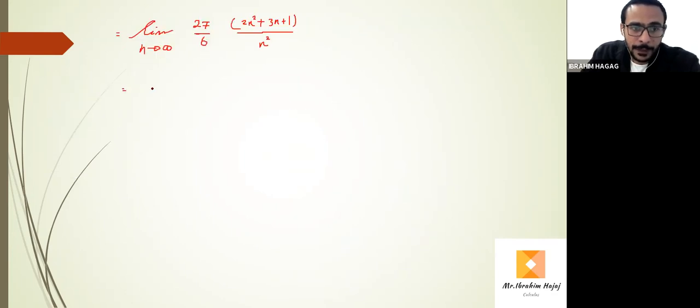The limit as n approaches infinity of 27 over 6, and divide now. 2n squared divided by n squared is 2, and 3n divided by n squared equals 3 over n, plus 1 over n squared.